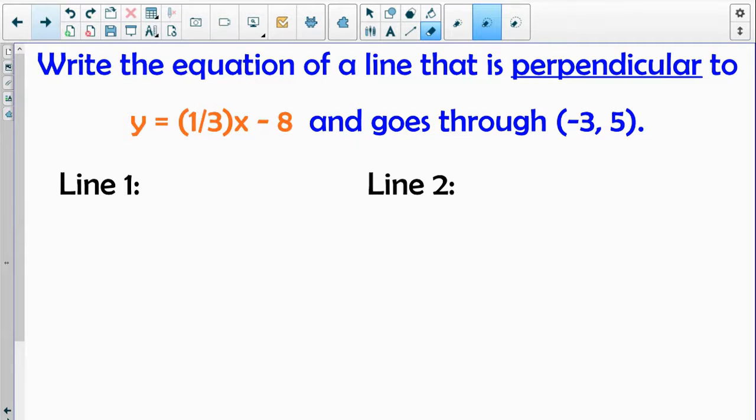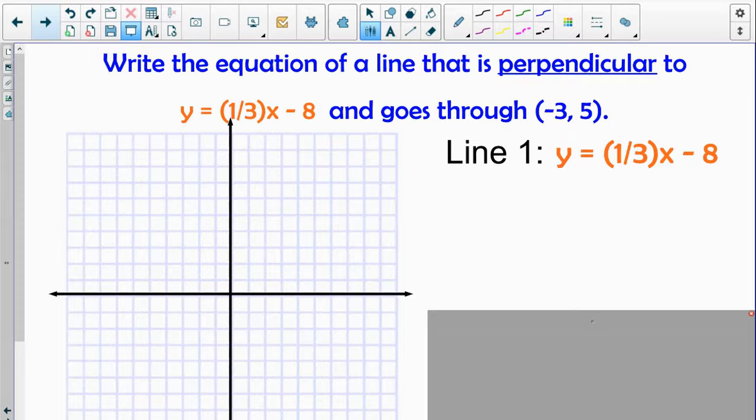So how are we going to use this? Our goal today is to write the equation of a line that is perpendicular to this equation that's given, and it goes through the given point. So we want to think of this as 2 separate lines. Now let's actually start by looking at the graph. Line number 1, I know, has a slope of 1/3 and a y-intercept at -8.